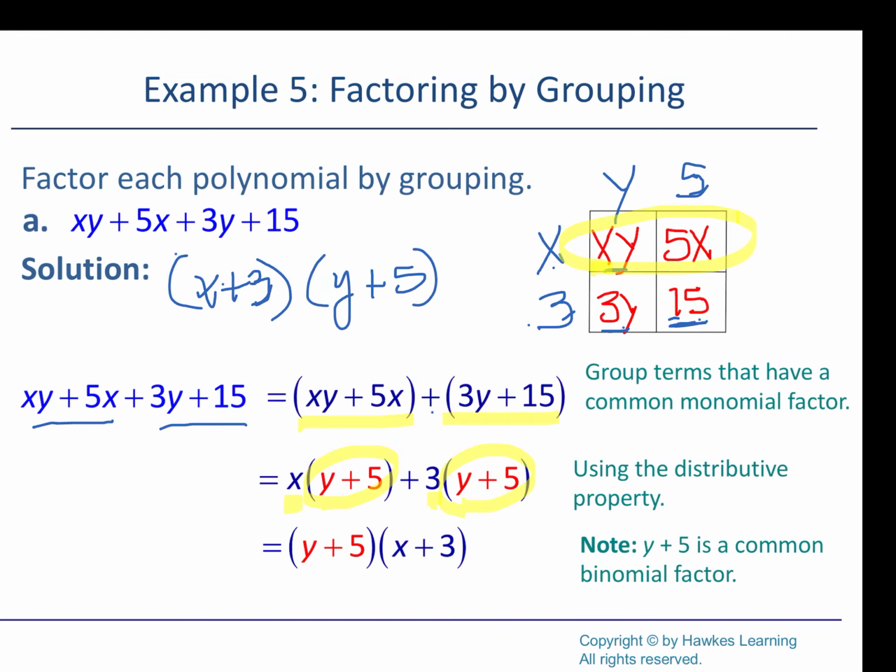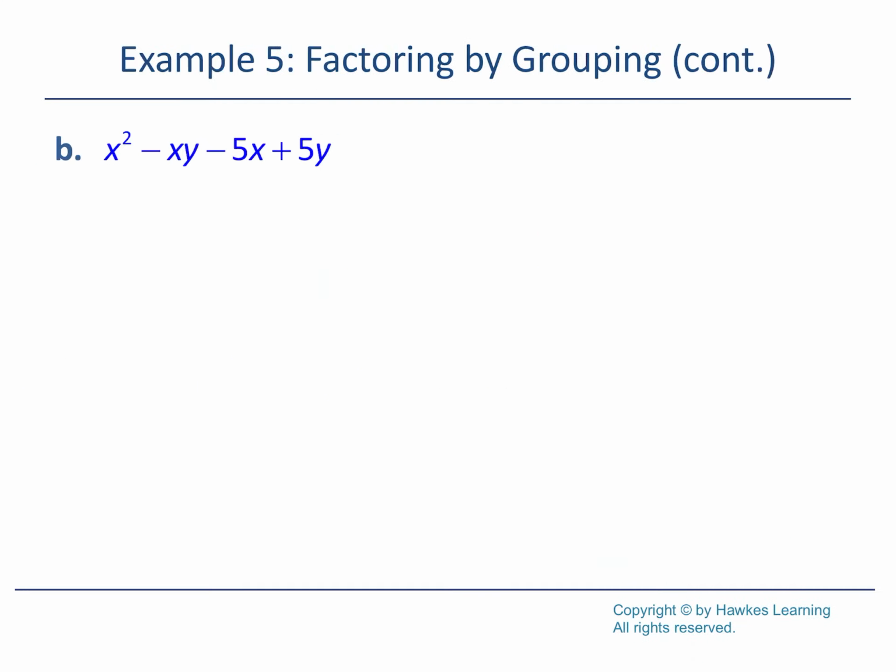Okay, so then you pull that one out, and what's left is the x plus 3. So you're pulling it out just like we did on those ones where we pulled out that common binomial. So if you don't get the common binomial, then you're kind of stuck with this method, right? Or the other one. If you can't pull anything out in the box either, it's not going to work.